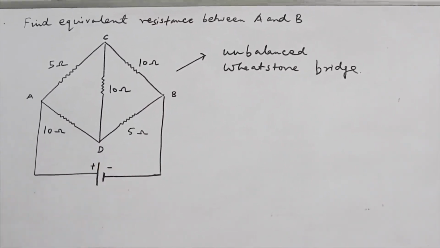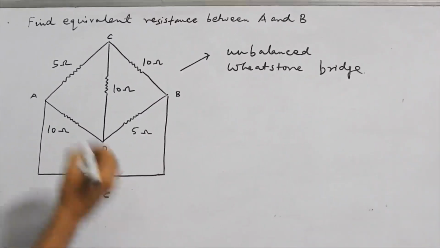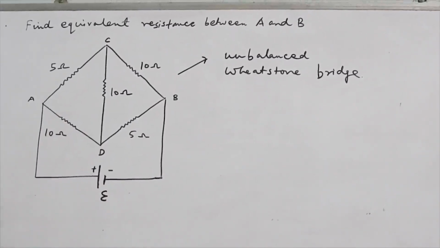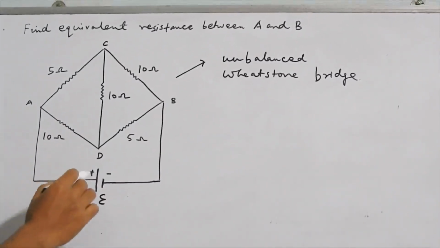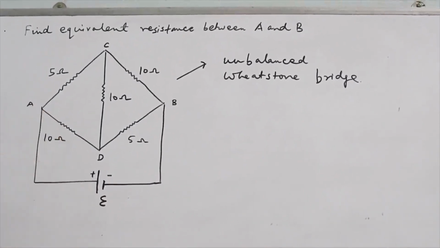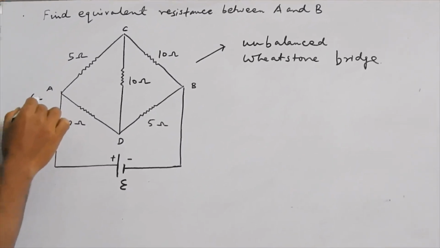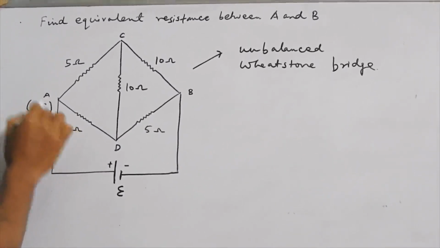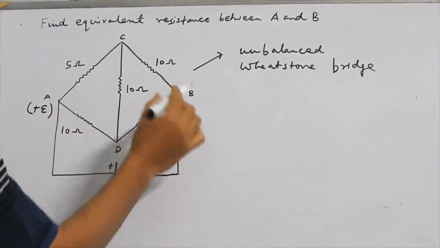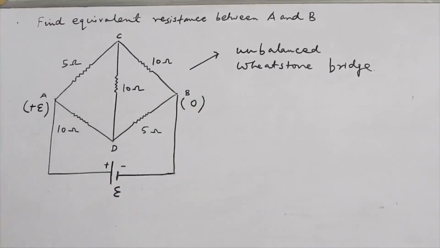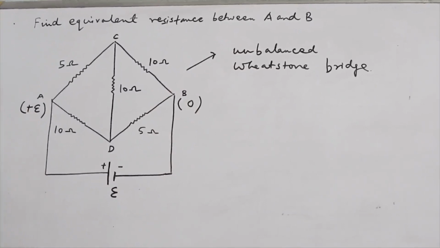This ideal battery is, say, of EMF epsilon, which means that the potential at the point A is plus epsilon, and the potential at the point B is, say, 0 volts, and this is epsilon volts.